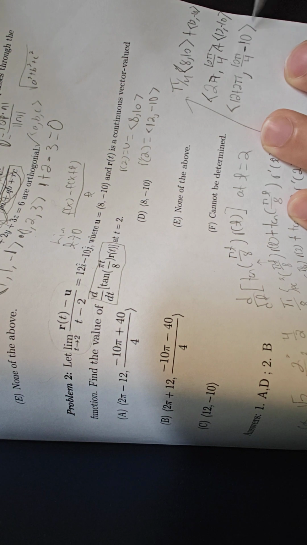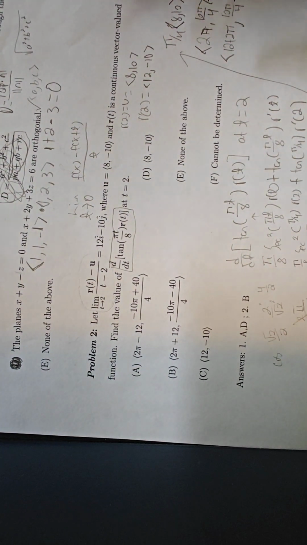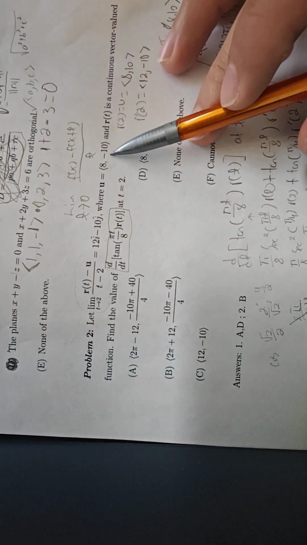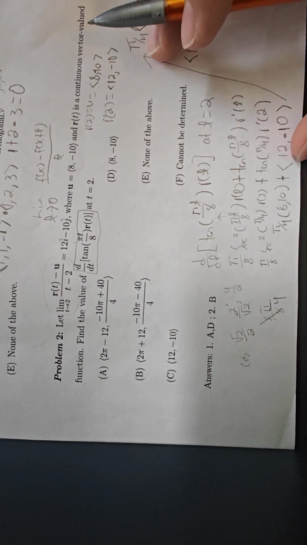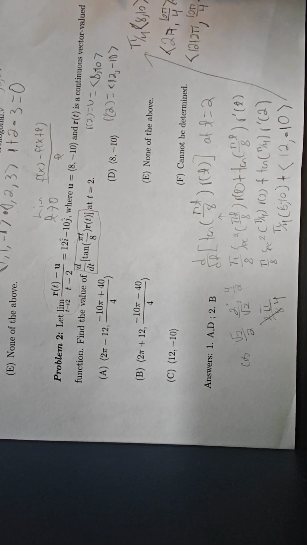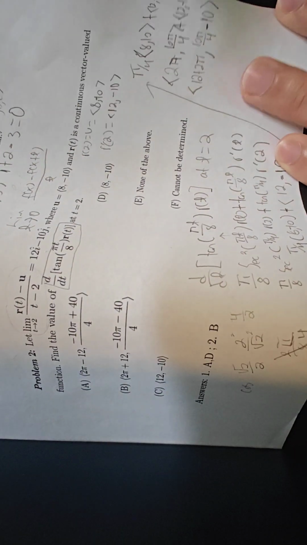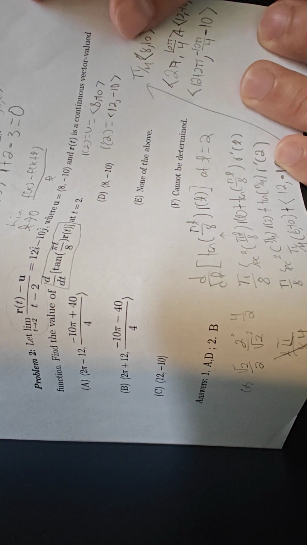I've made a little mistake here. I forgot to carry over this negative here from u. I forgot to write it there, so this becomes negative. This also becomes negative here, and then this also becomes negative over here.